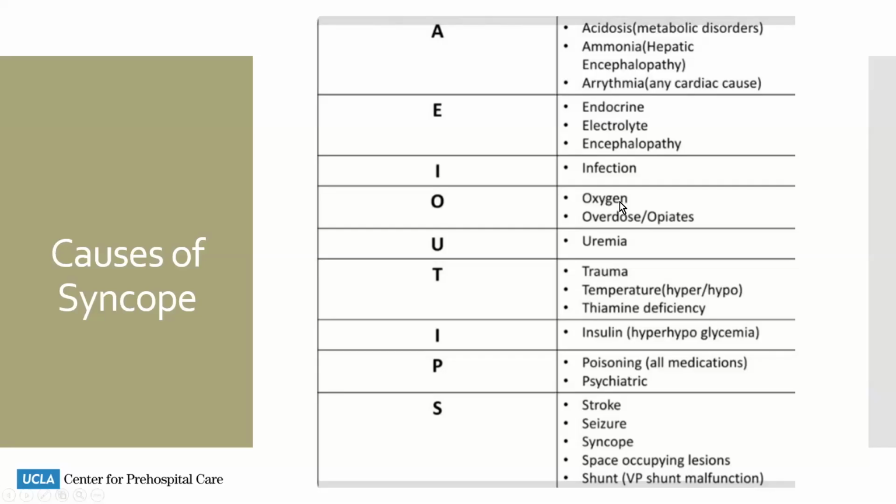It's AEIOU TIPS. There's lots and lots of reasons why they may have had a syncopal episode or are unconscious now. I need to try and figure out what reasons they could possibly have experienced this or are experiencing this.